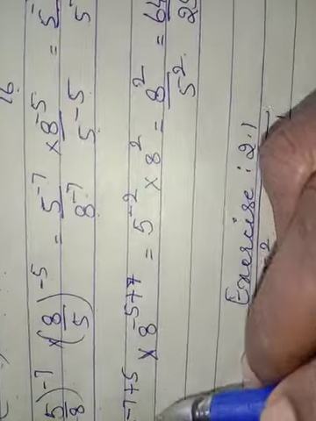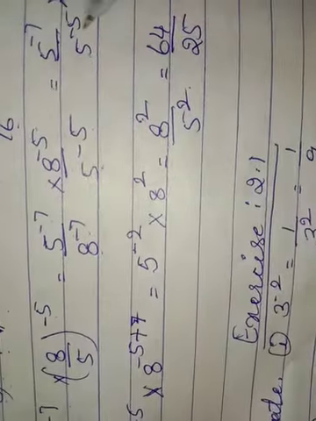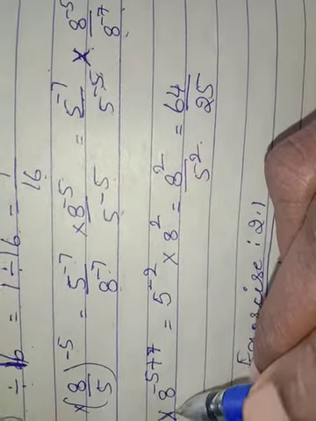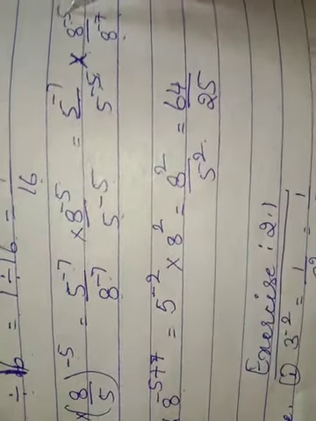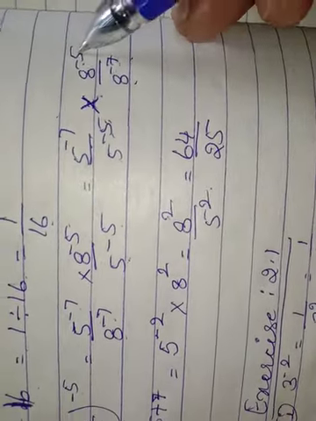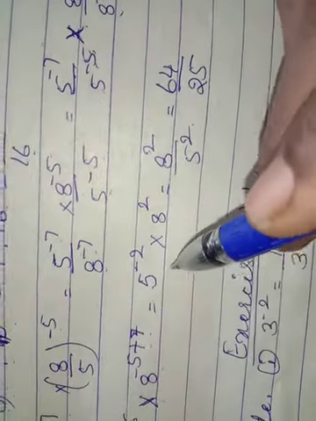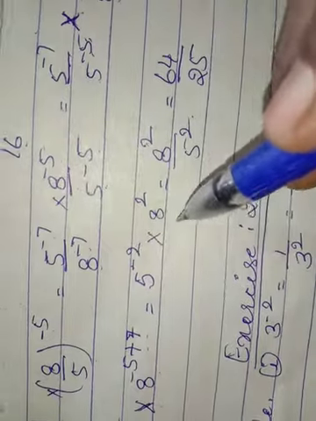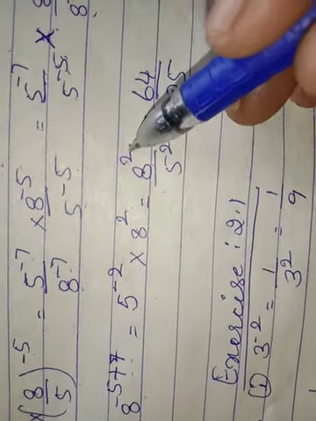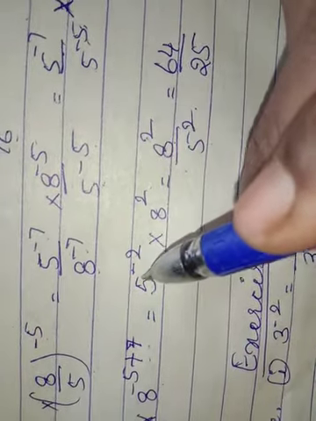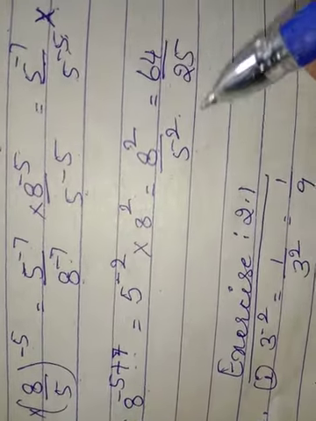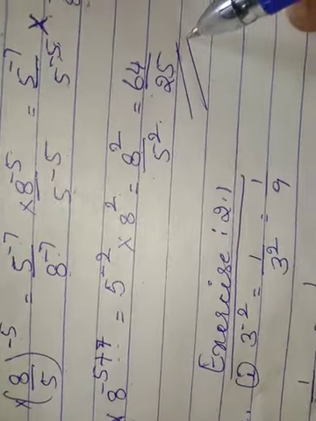Now 5 to the power minus 7 plus 5 into 8 to the power minus 5 plus 7 is equal to 5 to the power minus 2 into 8 to the power 2, that is 8 squared divided by 5 squared, since we have a negative. That is 64 divided by 25. This is the answer.